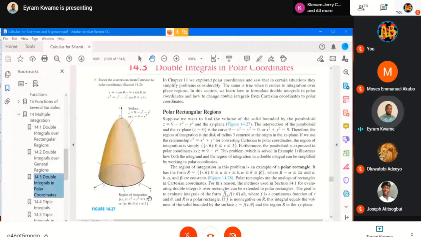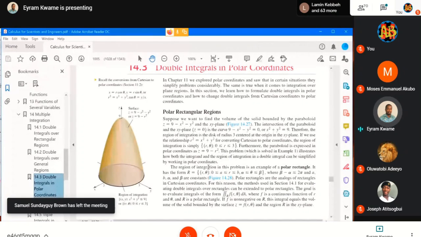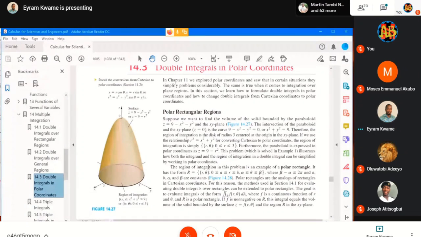This is important because you may have to deal with a circular object, like a cylinder, or a circle of a certain radius. So I have covered the rectangle, I have covered the general region, and I'm going to deal with polar coordinates. But I will not do it today.